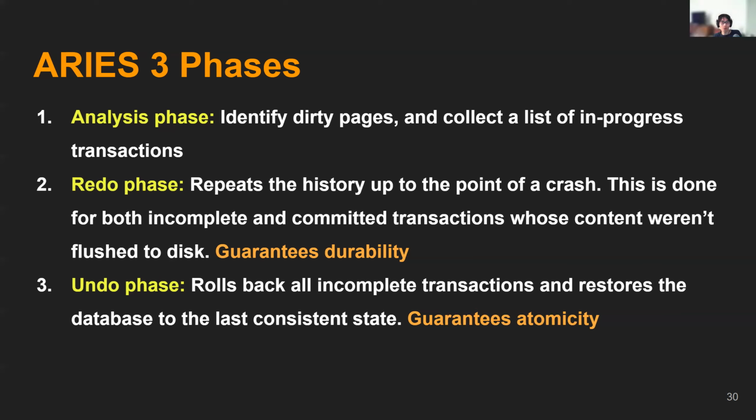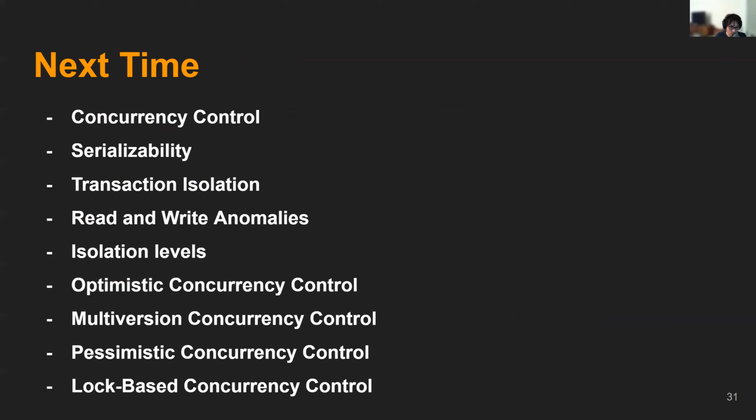Great. So that concludes everything I want to talk about today. It's actually just the first half of this chapter, which is crazy. Next time, we are going to talk about concurrency control algorithms. Especially, we are going to talk about different isolation levels and the conflicts between read-write, write-read, and write-write, and how we can come up with algorithms to deal with those anomalies.